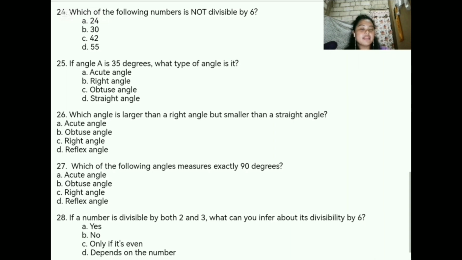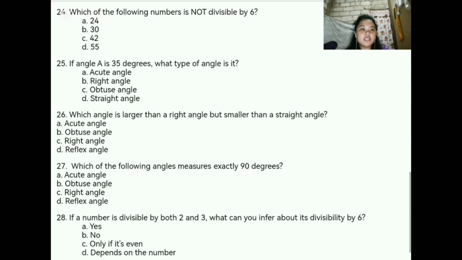So letter B, right angle. A right angle is an angle that measures exactly 90 degrees, which is incorrect. So how about letter C, obtuse angle? So obtuse angle is also incorrect because it is an angle that measures between 90 and 180 degrees.